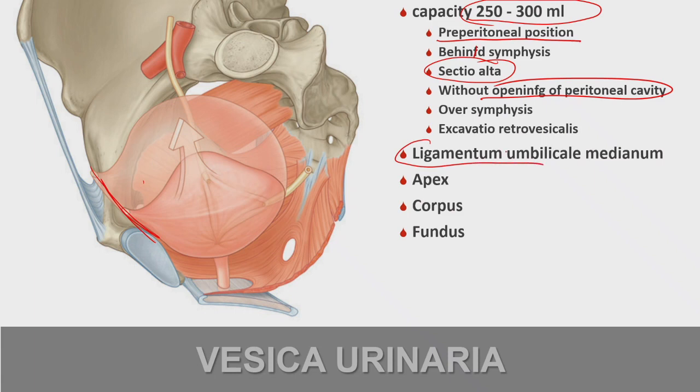From the urinary bladder there is a ligament arising, which in the midline goes up to the umbilical region and is called ligamentum umbilicale medianum. I will note something about it. Then we have an apex, corpus, and fundus.